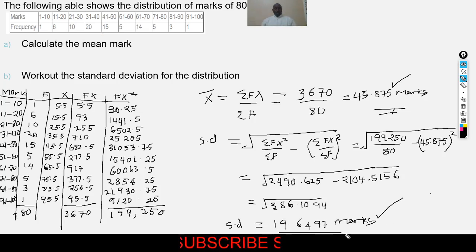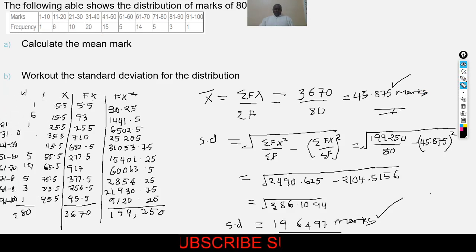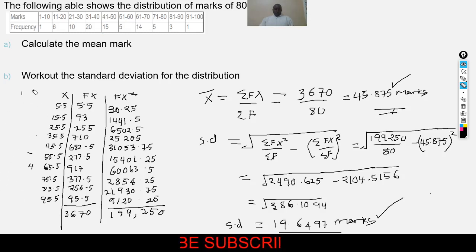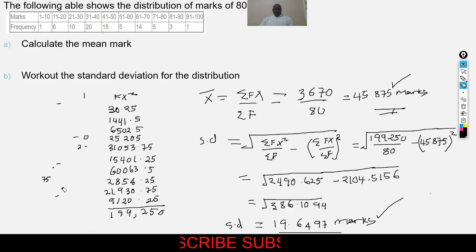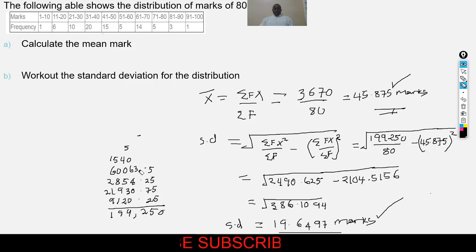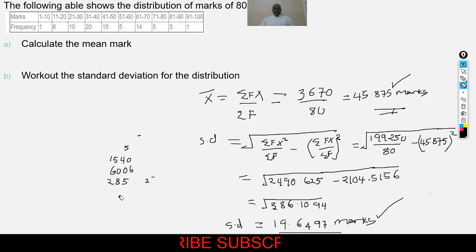So that is how you deal with a situation like that, when you are not using the assumed mean. So I hope that now you can do more practice by getting more questions from your course book, and then you do more examples of the same to see the differences on how to deal with standard deviation when you are given ungrouped data, that is non-grouped data that are just singles, and then you also have non-grouped data that are so many, whereby you are given the frequencies, and you also have group data.